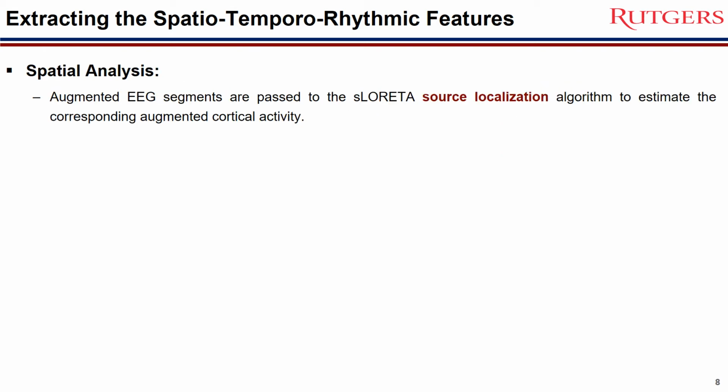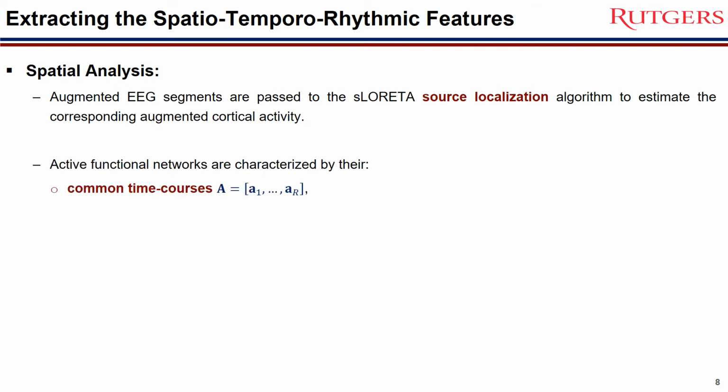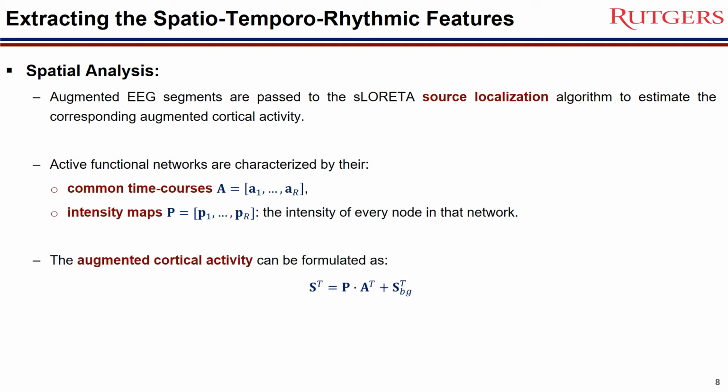Third, spatial analysis. Augmented EEG segments are passed to the sLORETA source localization algorithm to estimate the corresponding augmented cortical activity. Active functional networks in the cortex are characterized by their common time courses and intensity maps, that is, the intensity of every node in that network as given by the columns of matrix P. The augmented cortical activity can then be formulated using another linear relationship.